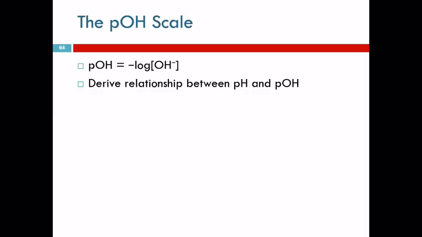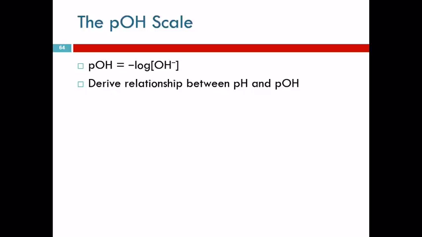So pH scale, we talked about. There's also a pOH scale. pH was the negative log of the hydronium ion concentration. pOH is the negative log of the hydroxide ion concentration. So there's a relationship between pH and pOH because there's a relationship between hydronium and hydroxide ion concentration.